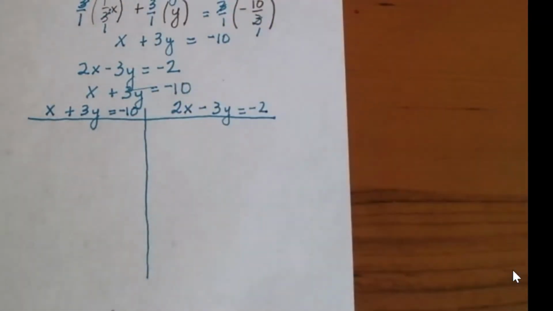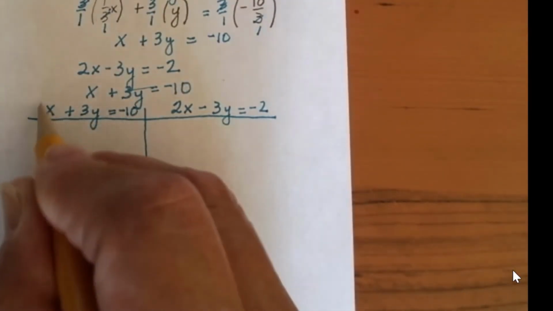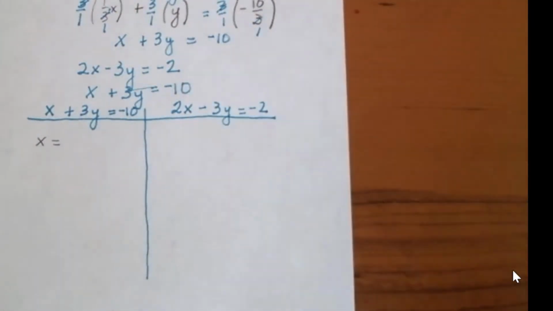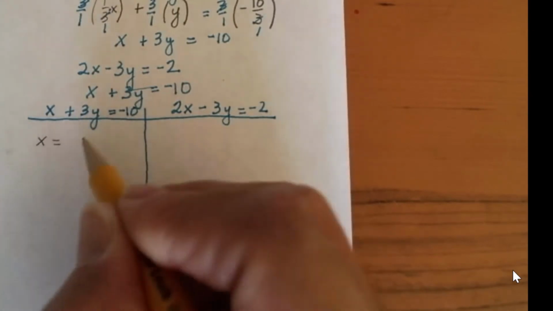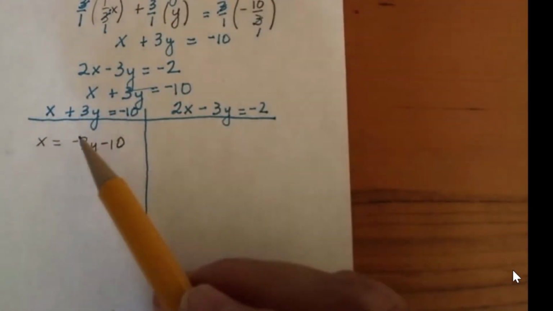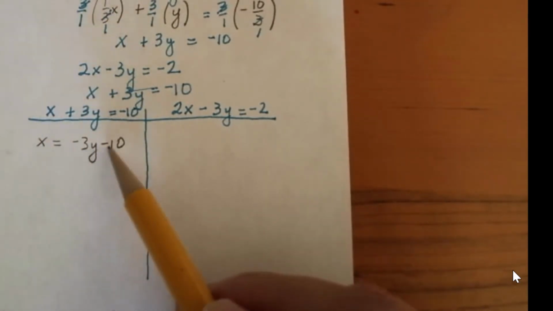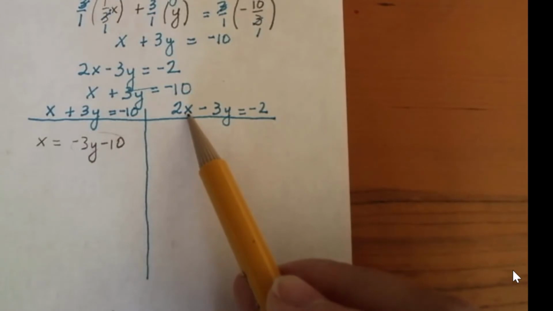On my left side, I want to solve for that x. I like using the x here because it's already a 1x, and I don't want to recreate and have more fractions. So let's solve for the x, and we'll subtract the 3y, and that gives us our x. That means we're going to take this side of the equation and substitute it for the x in the other equation.